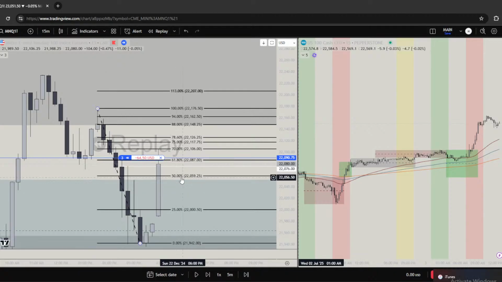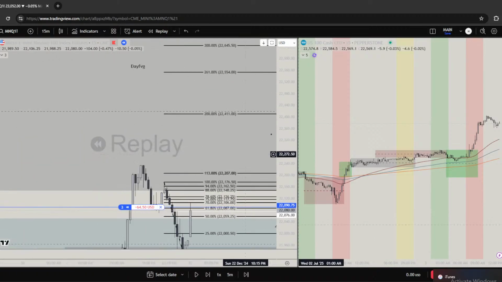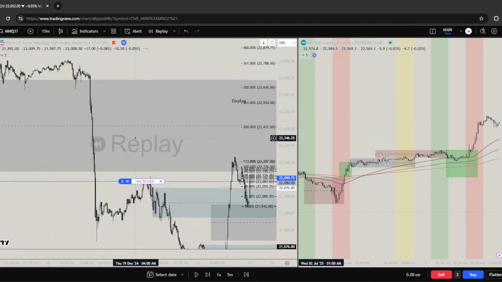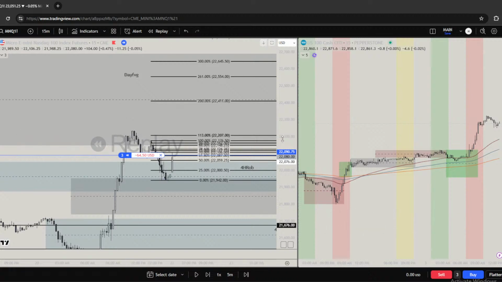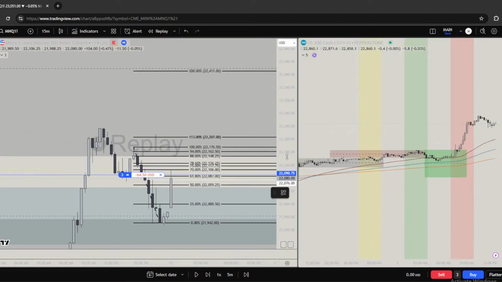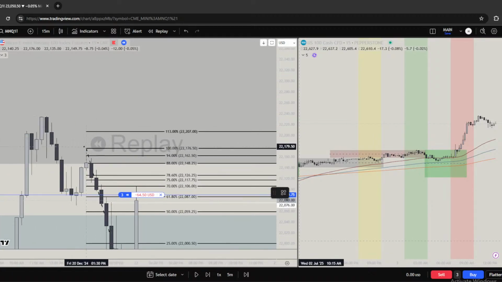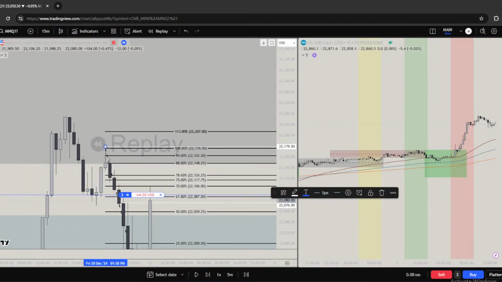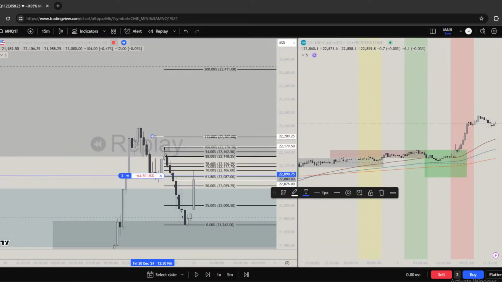Am I running it the wrong way? No, I am running it the right way. I just want to see something with my fib as well.